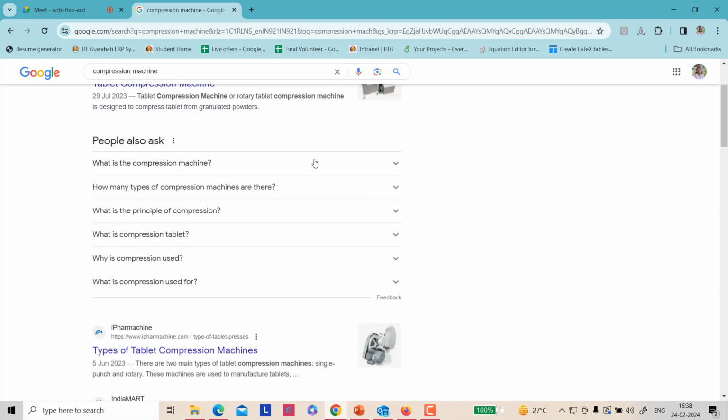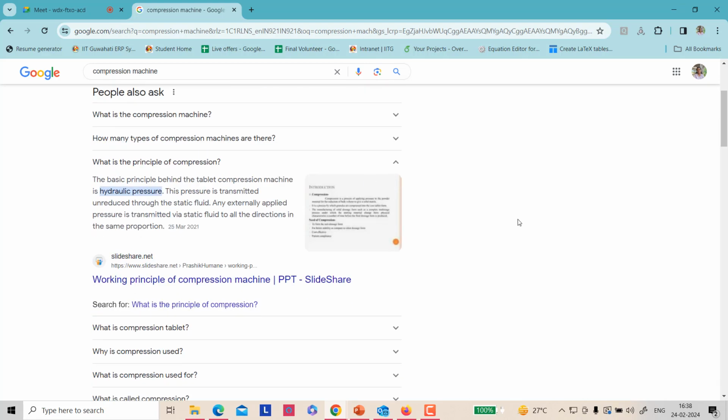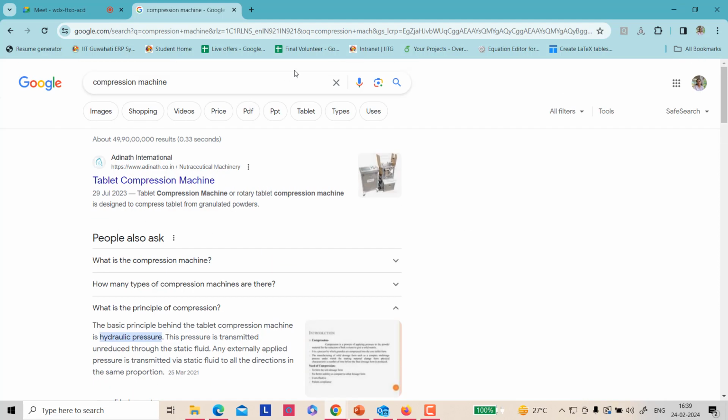In the compression machines, what happens? Pressure is given to compress it. Suppose chlorine is there. Pressure is given from outside to concentrate it. So this is the compression.